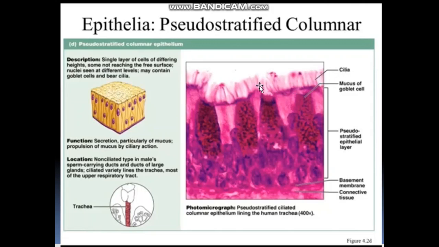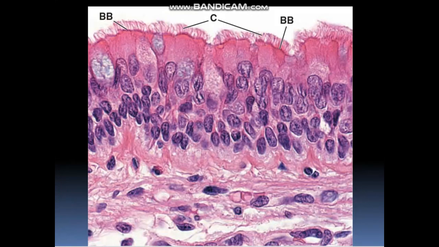That's why it also has the name ciliated epithelium, pseudostratified ciliated epithelium. If we look at it in a histological section, we can see in the micrograph the appearance of the pseudostratified epithelia. Pay attention that on the basal lamina we will see different levels of nuclei.